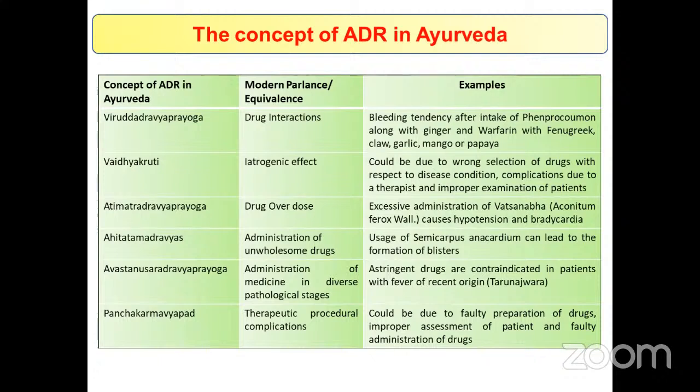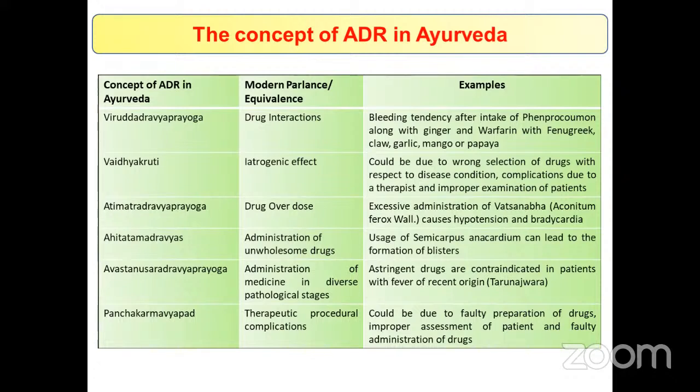Bleeding tendency after intake of phenprocoumon along with ginger, or warfarin sodium with holy basil or garlic or mango or papaya. So patients who have a thromboembolic disorder take warfarin sodium as an oral anticoagulant.